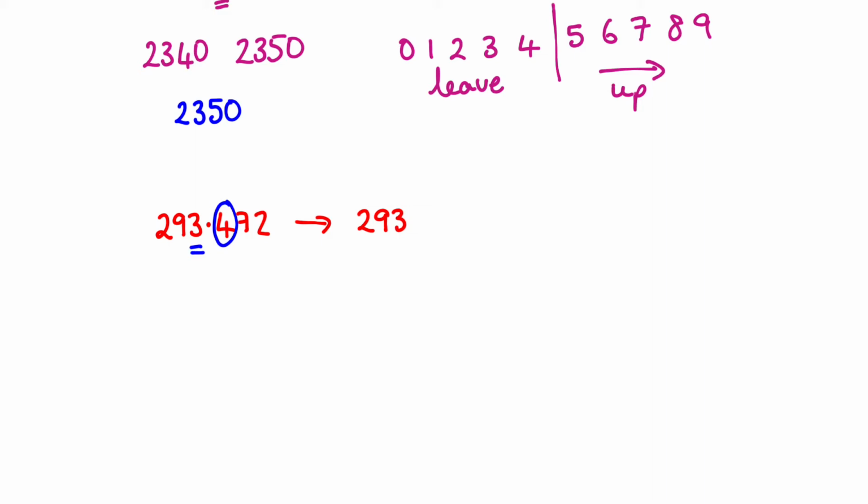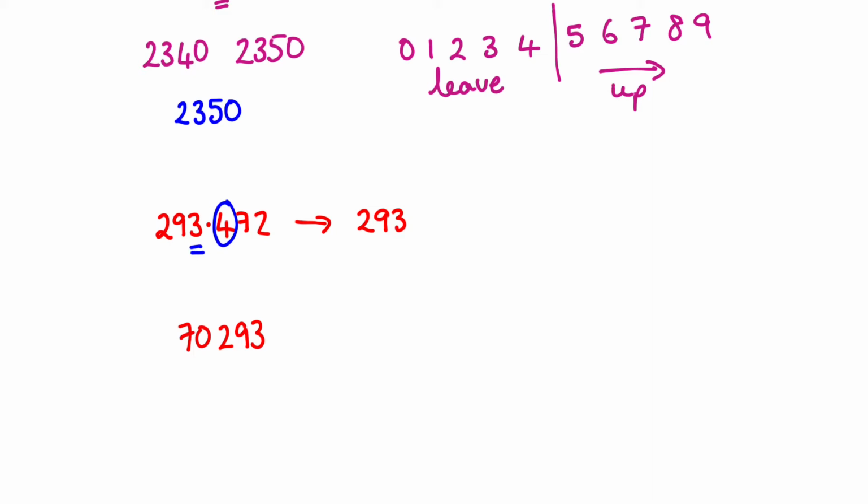Okay, so when we're rounding, just the things to bear in mind is you identify the number or the digit that you're rounding, and then you look at the one after that and it'll tell you whether you leave your digit as it is or whether you move it up one. Okay, one more practice. We'll round 70,293 to the nearest 100.